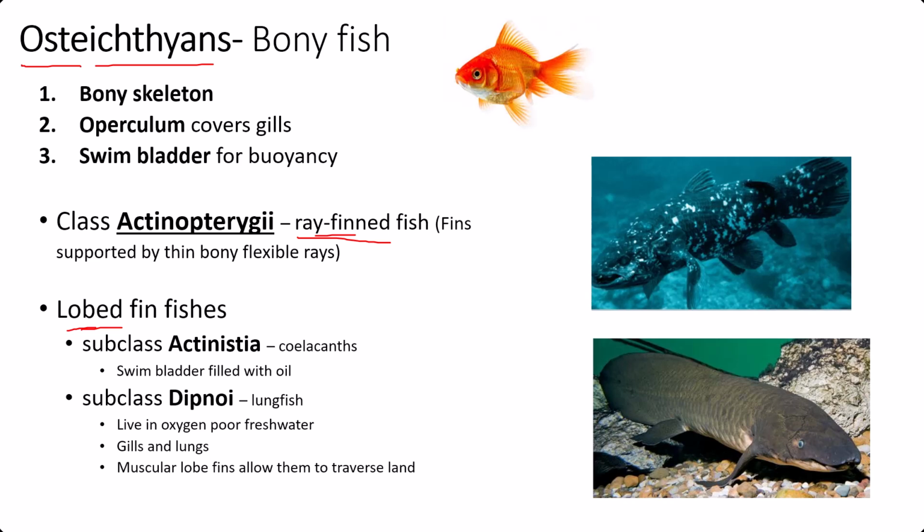When you're imagining fish, probably your typical fish that you're imagining is this ray-finned fish, where they have these fins with thin, bony, flexible rays. These lobe-finned fish have thicker, more muscular fins here. Like, look at this lungfish down here. Like, that is a thicker fin for sure.